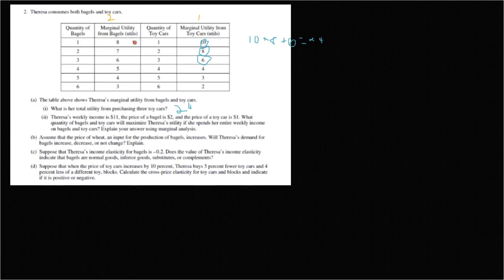So I'm going to write the utility per dollar here. So this is 3.5, 3, 2.5, 2, and 1.5. So now these are basically on level playing fields, if you will, so you can kind of compare these.